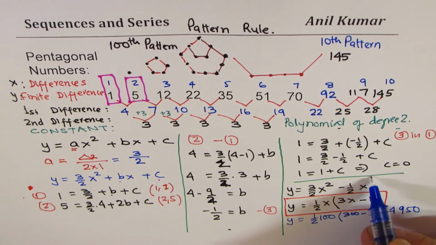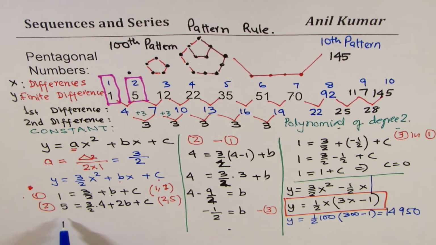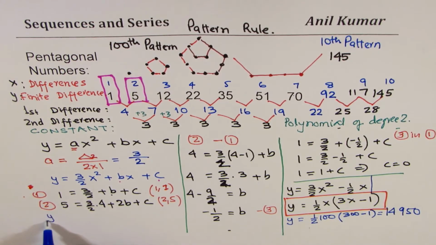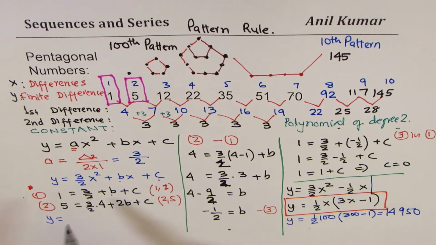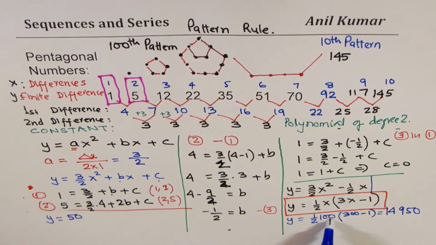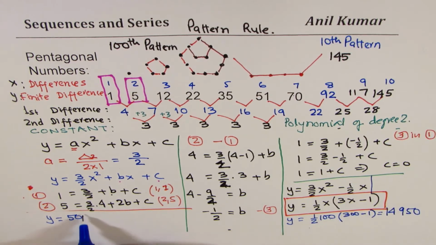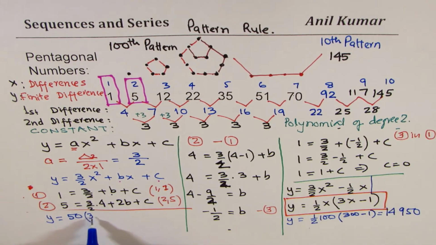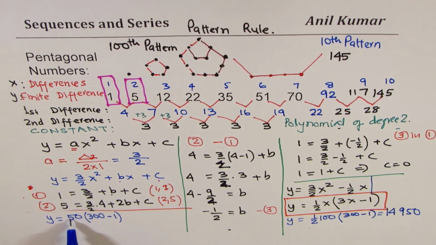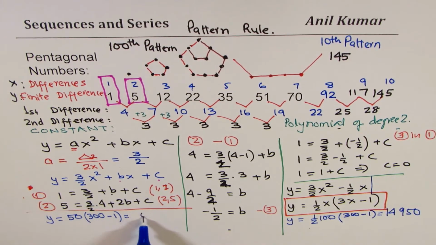So we could write this as, let me use this little space. I'll say y is equal to, I'm using this space to find the number and to show you how. So it is 100 divided by 2, which is 50, times 300 minus 1. So don't make it 299. First multiply by 50, right? So you get 3 zeros, 1, 2, 3. 5 times 3 is 15.